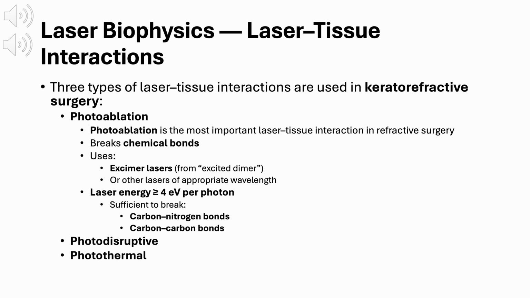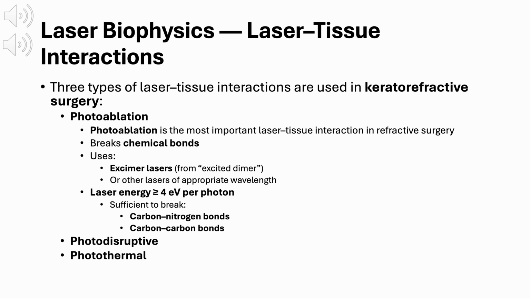Once those bonds are broken, the tissue essentially disintegrates at the molecular level and is removed without significant thermal spread. The other two interaction types, photodisruptive and photothermal, operate through very different mechanisms and serve different clinical purposes, which we'll discuss separately. But for keratorefractive surgery, photoablation is the foundational principle that makes precise corneal reshaping possible.